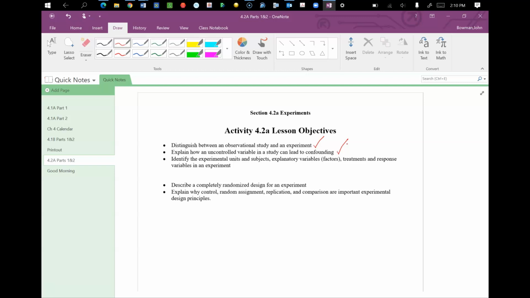But here's another scenario where the experimental units and the subjects are not the same. Let's assume that I have several fish tanks and I have several fish in each tank, and I'm going to do an experiment with different types of fish food.